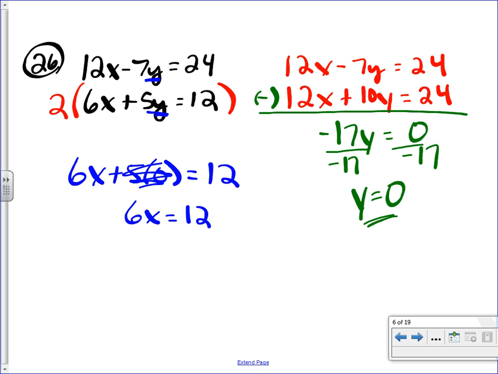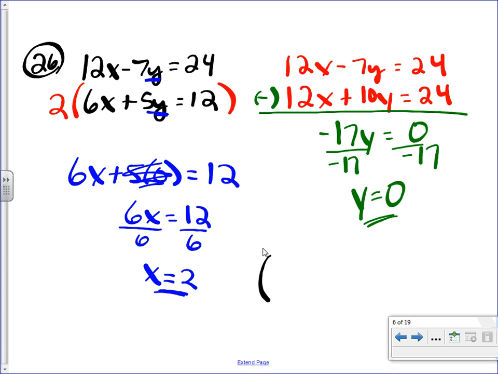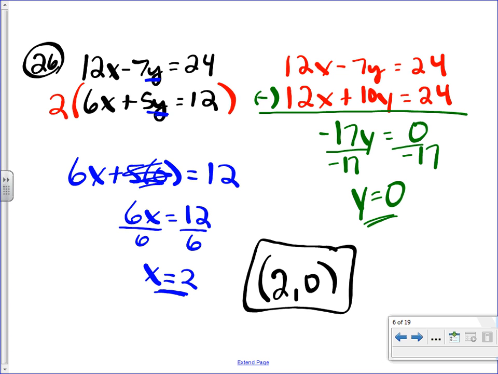So I've got 6x equals 12. So I'll come over here and divide by 6. 12 divided by 6 leaves me with 2. So now we got both the x and the y. We can write our ordered pair, and that ordered pair should be 2, 0. And there we have our answer, number 26.